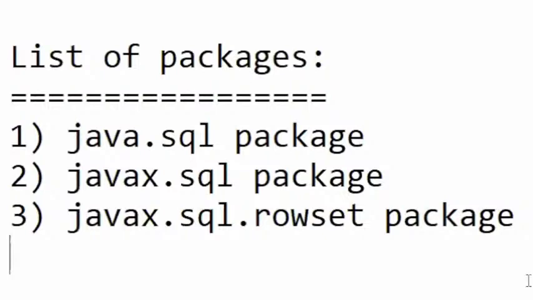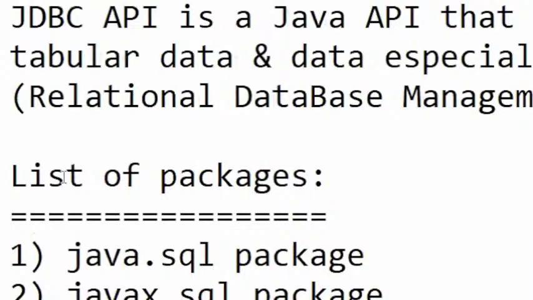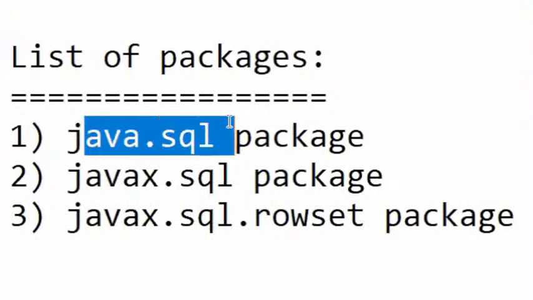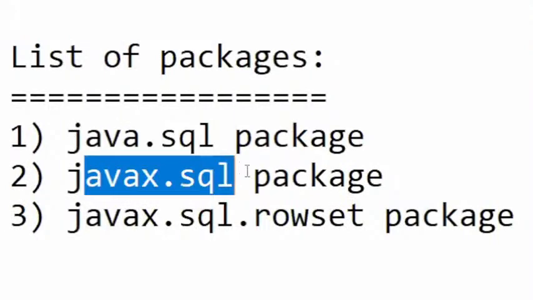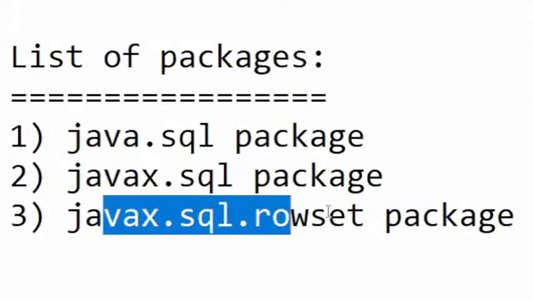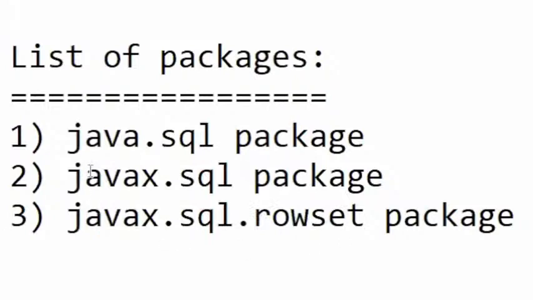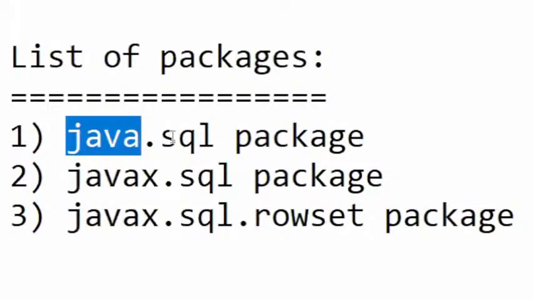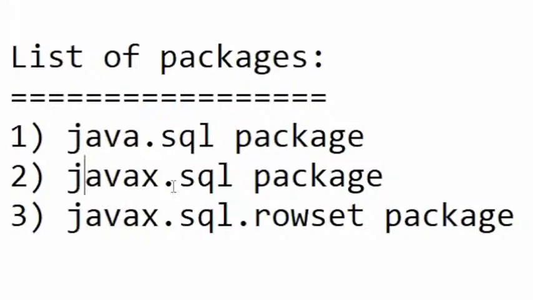Here, there is a list of packages in the JDBC API. Java.sql package is there, javax.sql is there, javax.sql.rowset also is there. See, it is a main package, it is a sub package, a main package, a sub package, another sub package. Okay, now today first you will see the java.sql package.